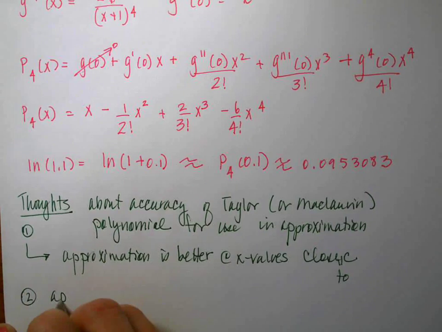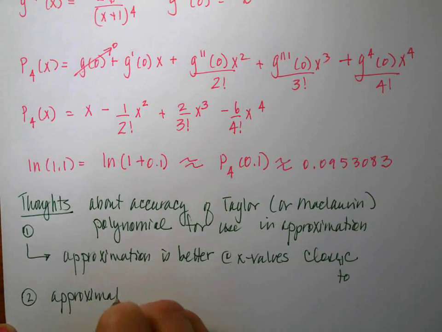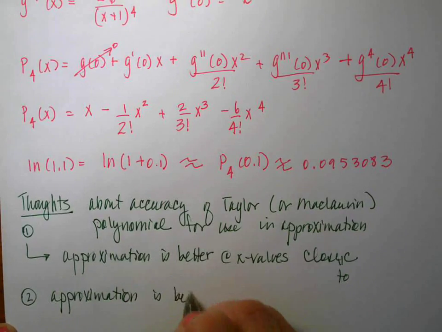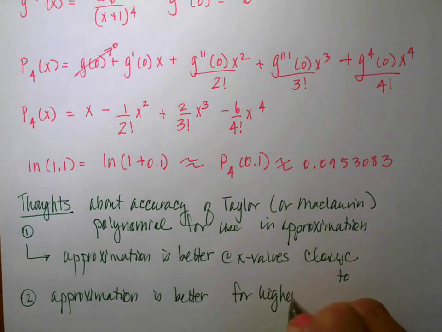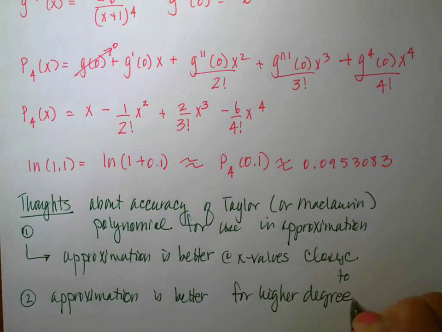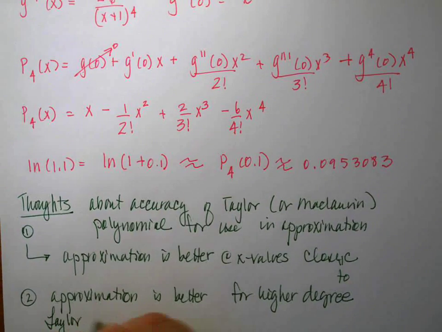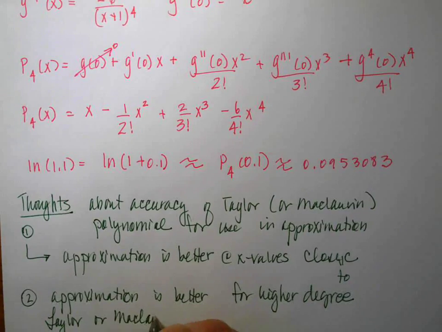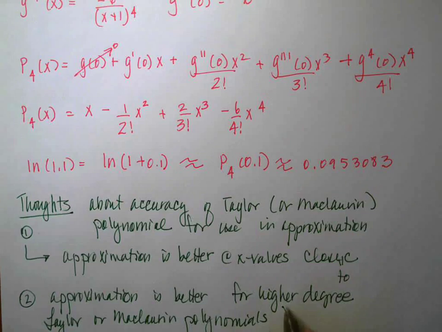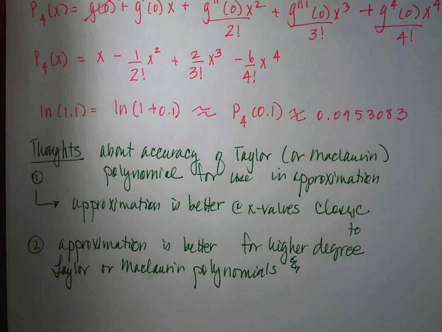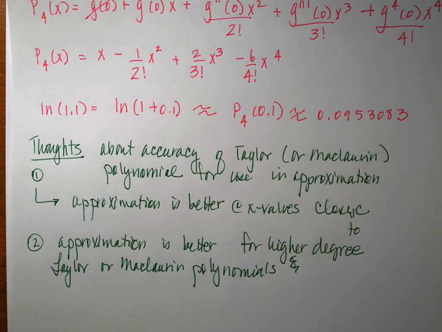And then number two, the approximation is better, and it's typically or usually is better for higher degree Taylor or Maclaurin polynomials than for those of lower degree. So the higher the degree, the better the approximation works. Alrighty, so if I have a lower degree, it really doesn't do me much good.